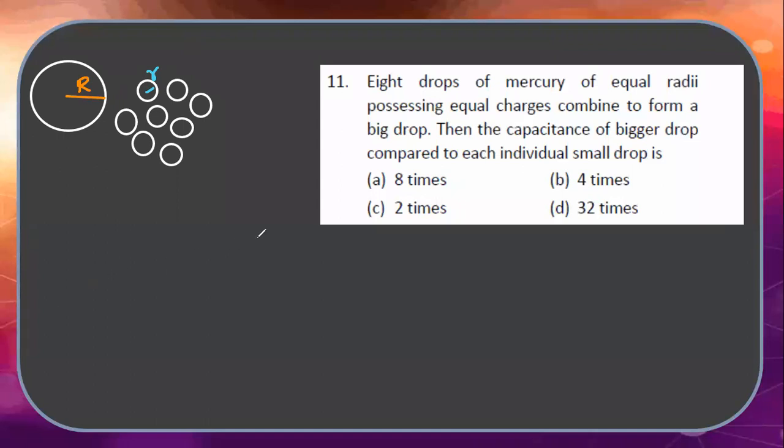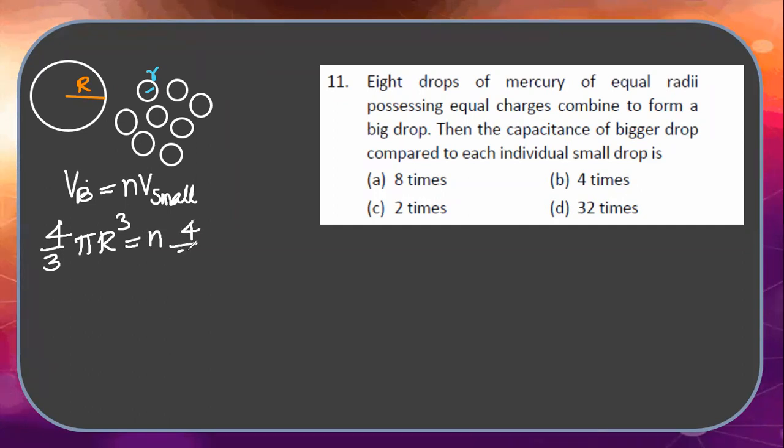Then, what is the relation between them? The radius of that big drop and small drop relation they have asked. The volume of the big drop is equal to n into the volume of the small drops. So volume of that one, 4 by 3 pi R cube, is equal to n into 4 by 3 pi into small r cube.